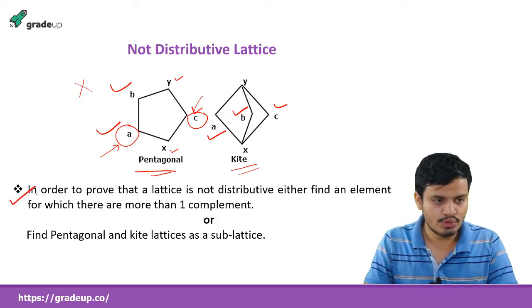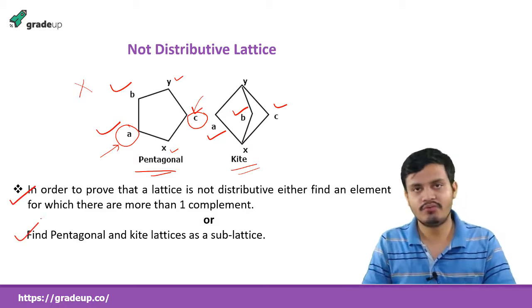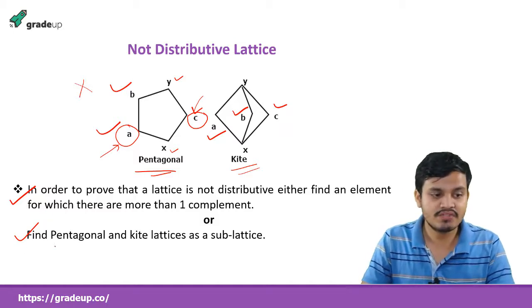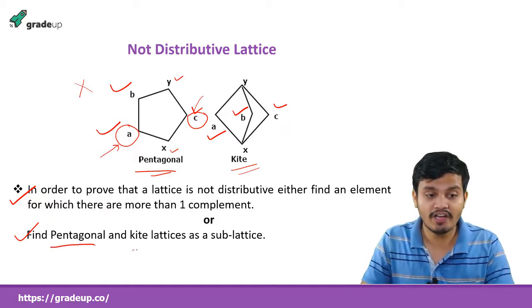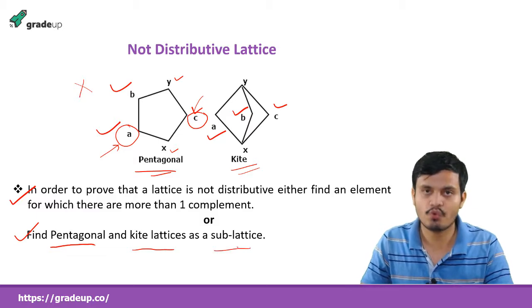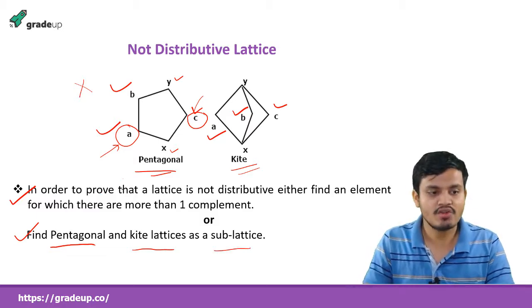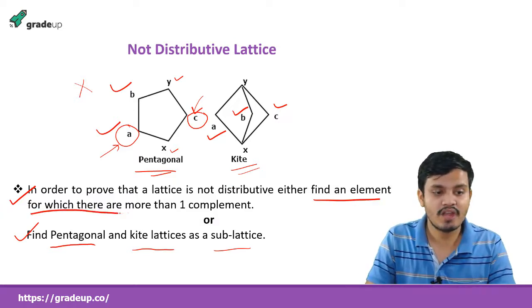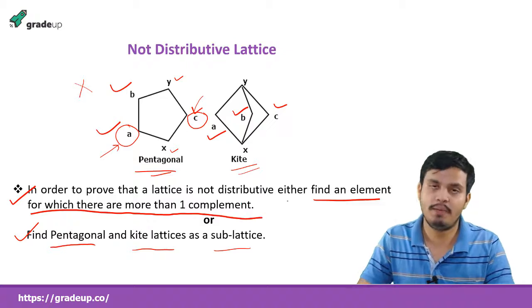So these are the two things that we always try to do to prove that a lattice is not a distributive lattice. First thing is to find a pentagonal or kite lattice as a sublattice. Second thing is to find an element for which there is more than one complement.